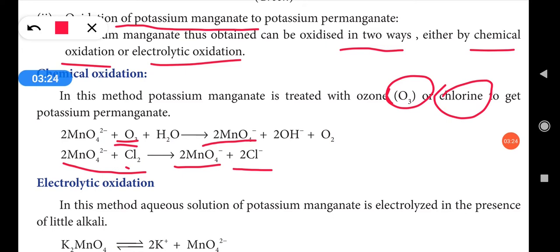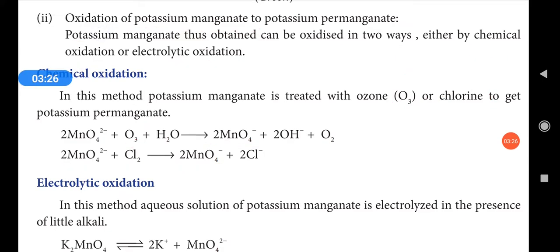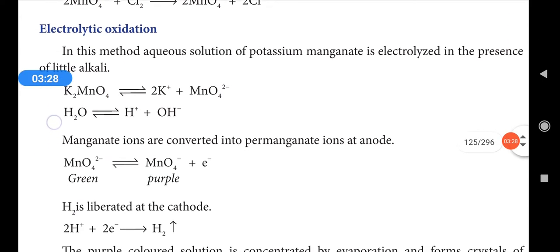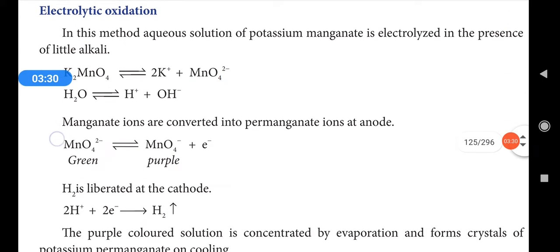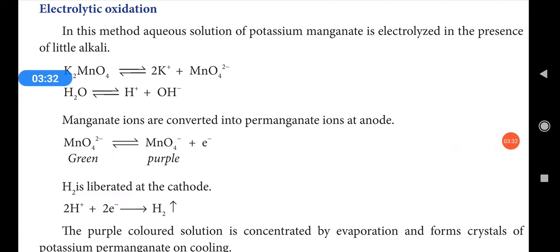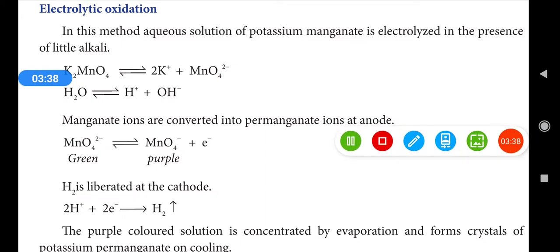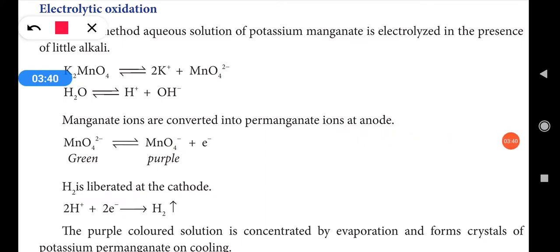Next method, electrolytic oxidation method. Here oxidation is carried out electrolytically. In this method, an aqueous solution of potassium manganate is electrolyzed in the presence of a little alkali. Alkali means base. K2MnO4, potassium manganate, in aqueous solution is split into 2K plus and MnO4 2 minus.